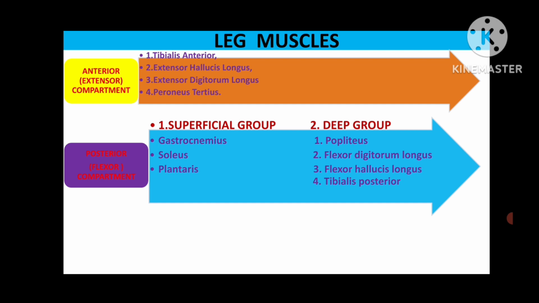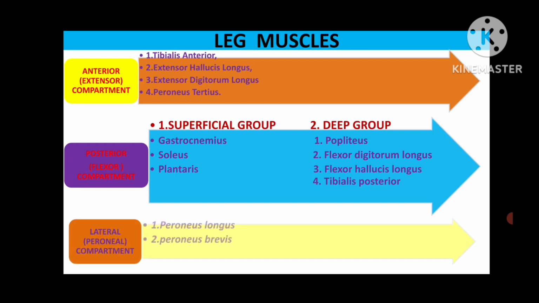The superficial group muscles are known as the calf muscles: gastrocnemius, soleus, and plantaris. The deep group: popliteus, flexor digitorum longus, flexor hallucis longus, and tibialis posterior. The lateral or peroneal compartment has peroneus longus and peroneus brevis.